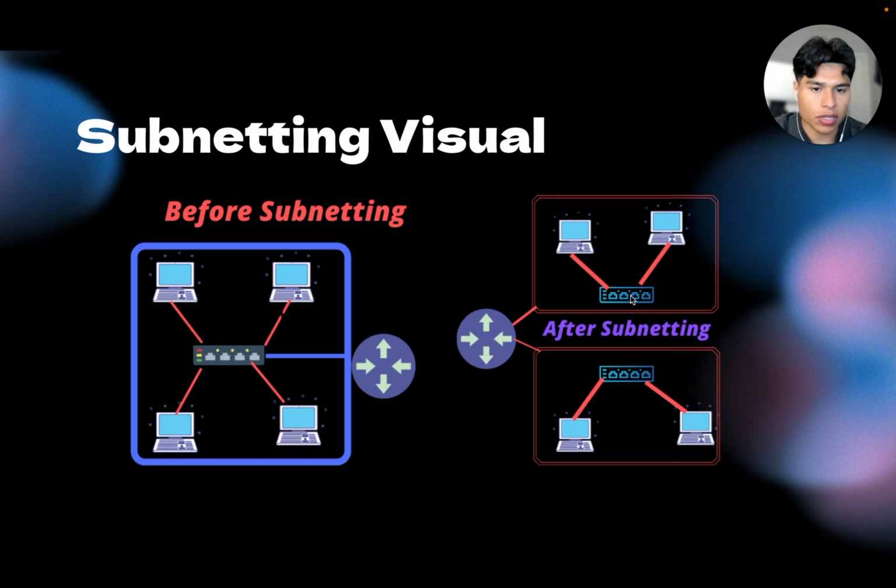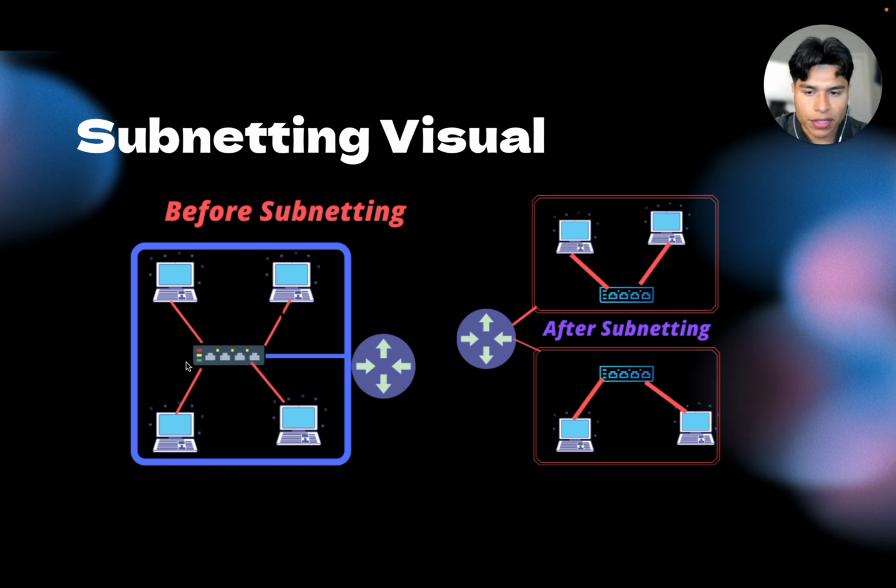So this is one subnetwork, and this is another subnetwork. Here, we just have one network where all 4 devices are in. Here we have these 2 devices in their own network, and these 2 devices in their own network, and we have the router that's allowing for that communication.